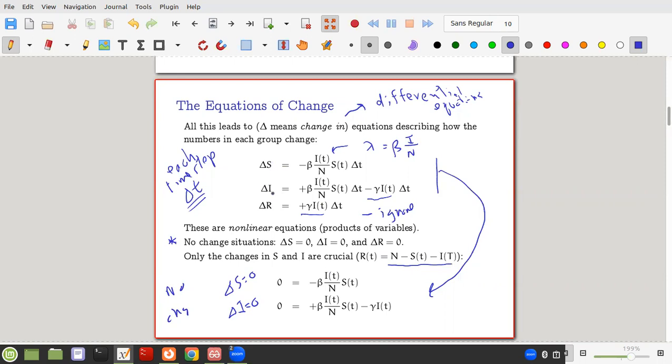With this delta t, I can then move over here and cancel out the delta t which multiplies both terms, and I can get rid of it. So I have just these differential equations as my model. They're still nonlinear, but they're for an equilibrium situation.